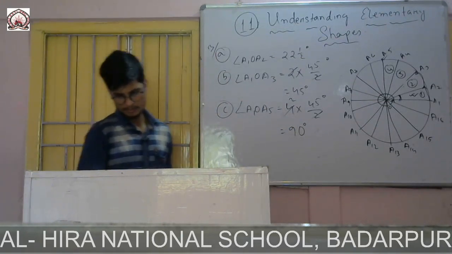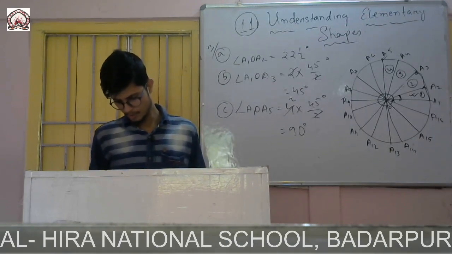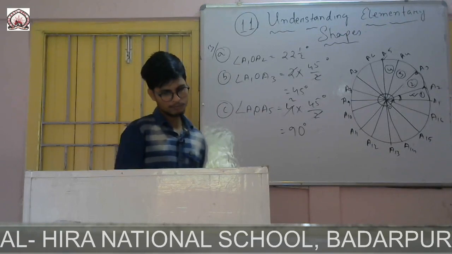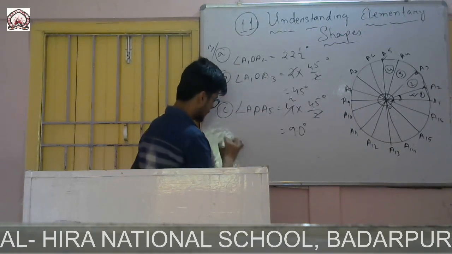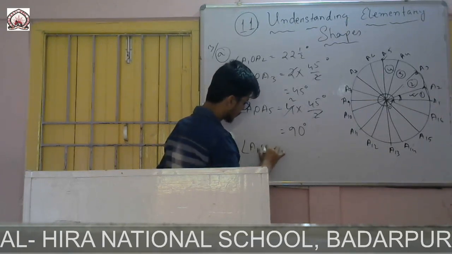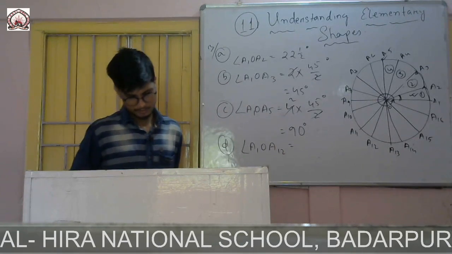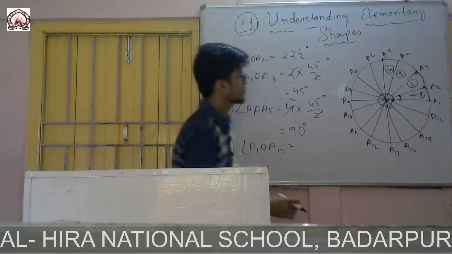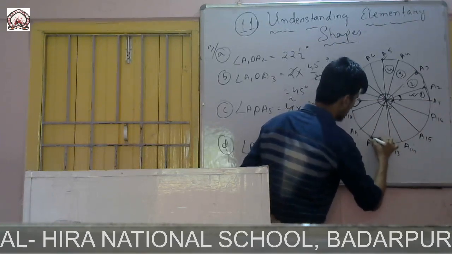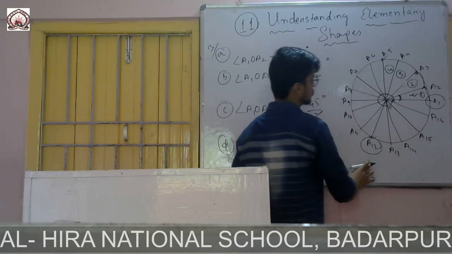Next one: how many times is the angle A1OA12 of the angle A1OA2? So the question is to find A1OA12. Write angle A1OA12. We start from A1 and go up to A12.